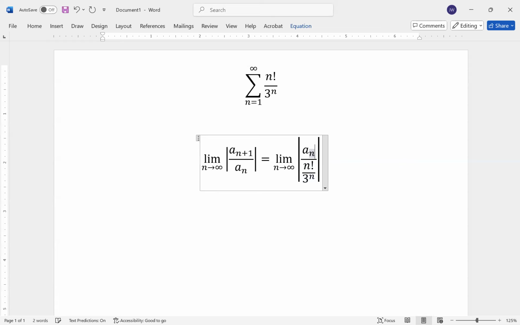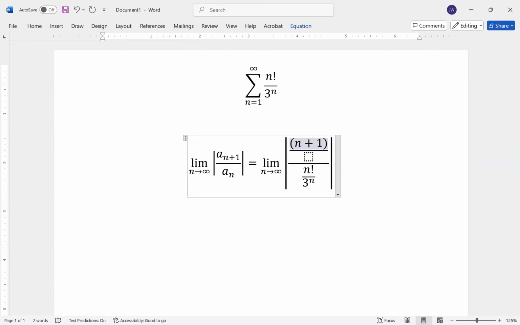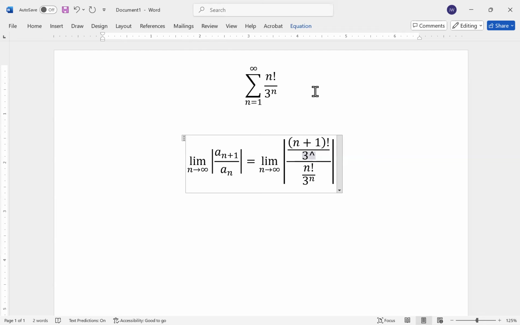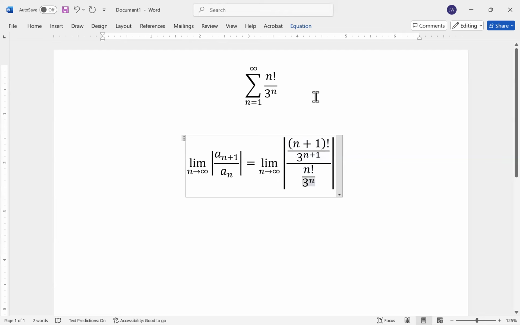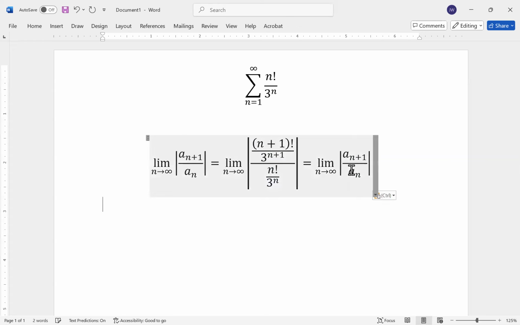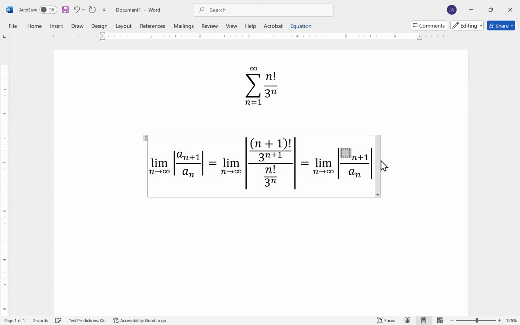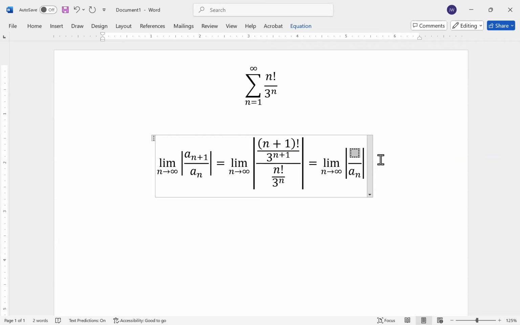The n plus 1 term is going to be a ratio where I take n plus 1 factorial divided by 3 to the n plus 1 power. Now, as usual, when I'm dividing fractions, what I can do is multiply by the reciprocal of the fraction I'm dividing.